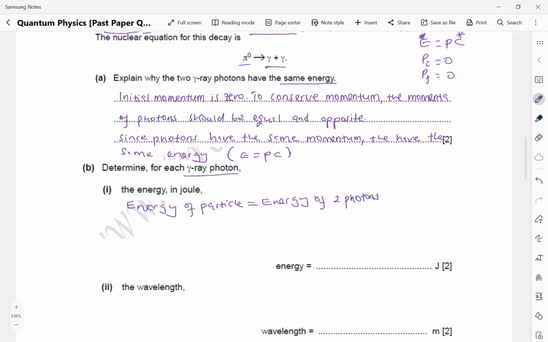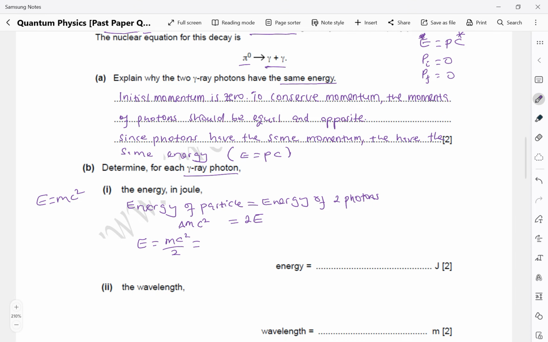And because the particle has mass, its energy is going to be mc squared, or delta mc squared. That is from Einstein's equation, energy is mc squared. So this is going to be twice the energy of 1 photon. That means the energy of 1 photon is equal to mc squared divided by 2.